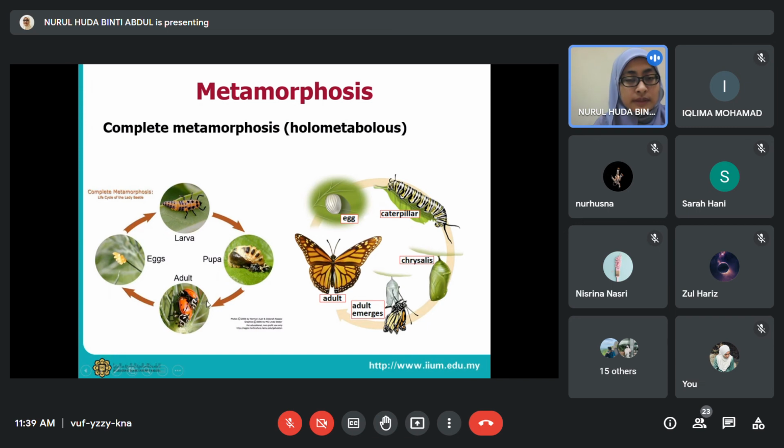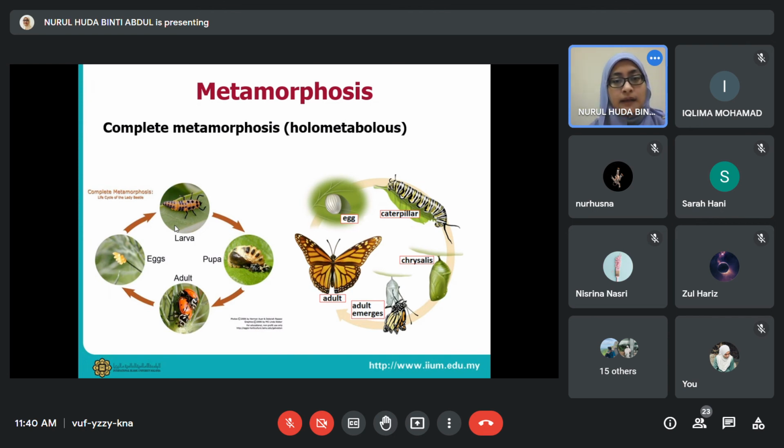But remember, for the larvae, to expand from the small larvae into the large larvae, they have to go through the ecdysis process as well. So dari first larvae and then second larvae and then third larvae, mungkin fourth larvae, fifth larvae, depending on the species, how many times they are molting or ecdysis to become a pupae.